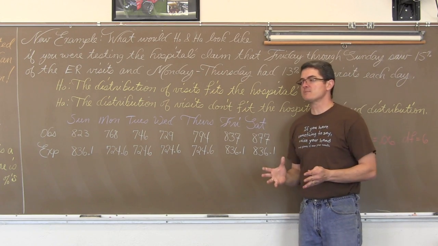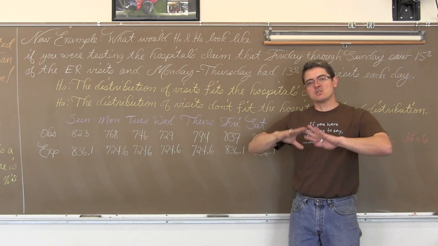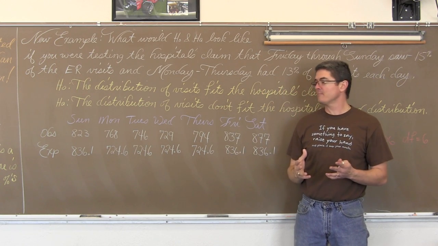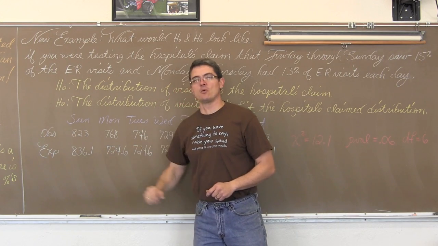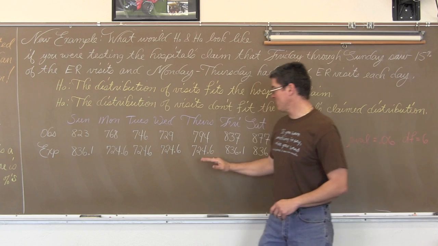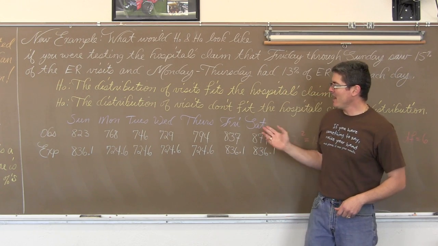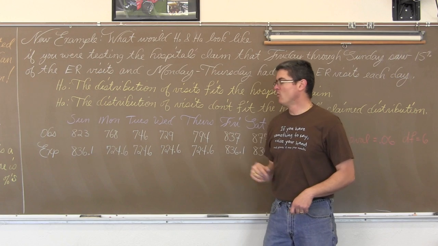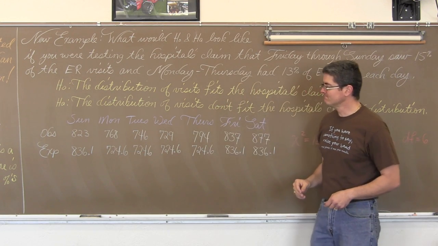So our total observed count of 5574, the total number of visits at the ER, times 15% is 836.1, and thus you see the same expected cell count for Friday, Saturday, and Sunday. For Monday through Thursday, we're doing 5574 times 13%.